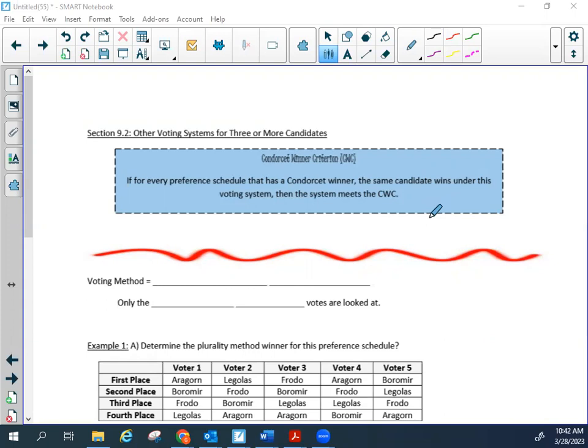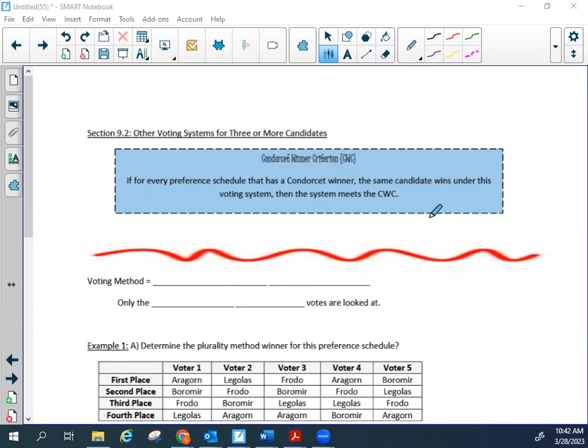So Condorcet's winner criterion. What this vocabulary word means is that if for every preference schedule that has a Condorcet winner, the same candidate wins under the voting system, then that system meets the CWC. CWC is short for Condorcet's winner criterion.